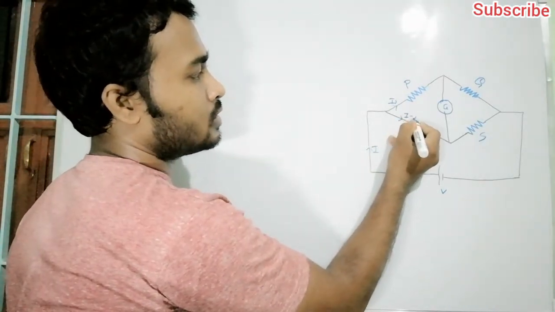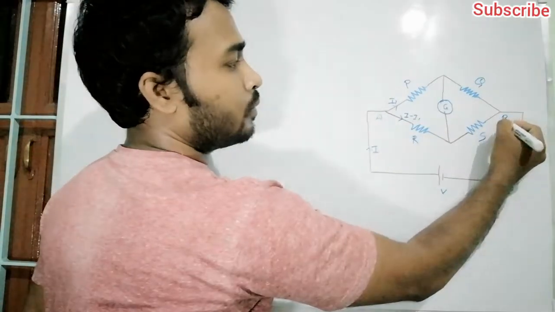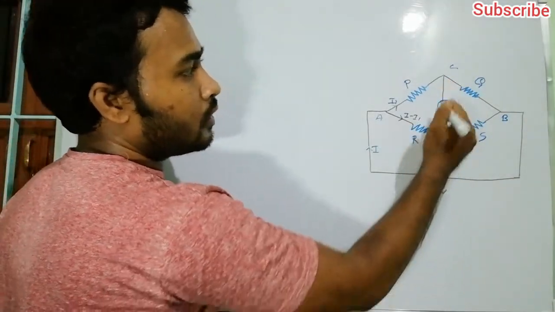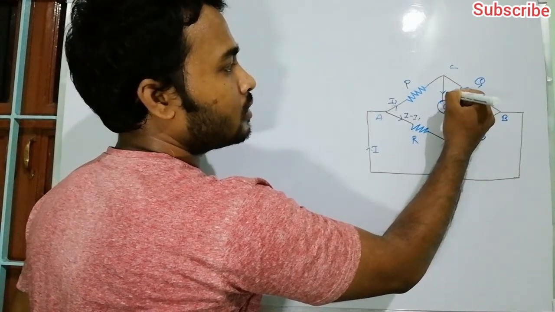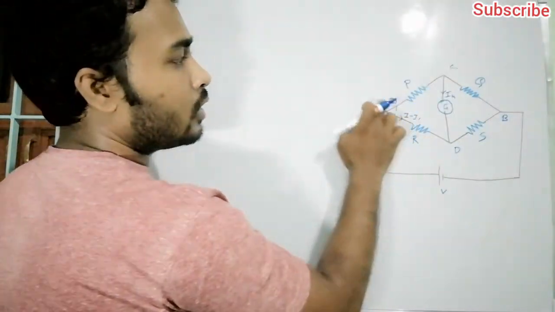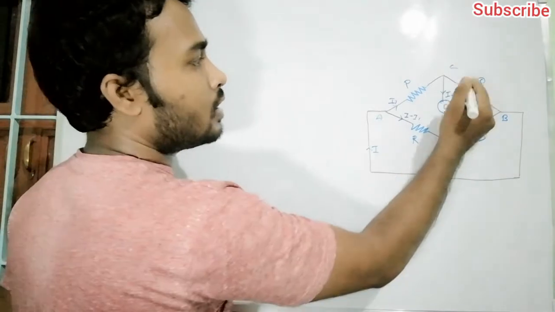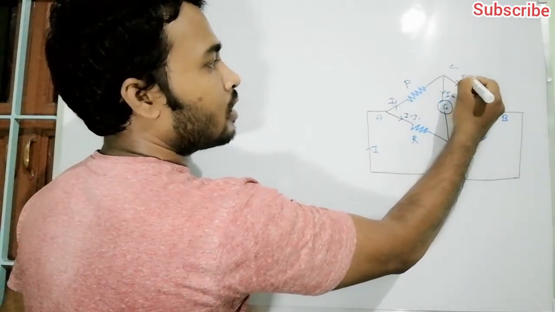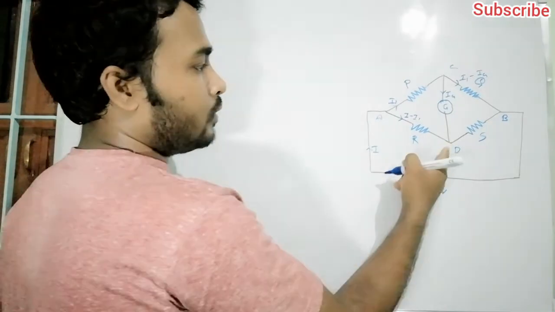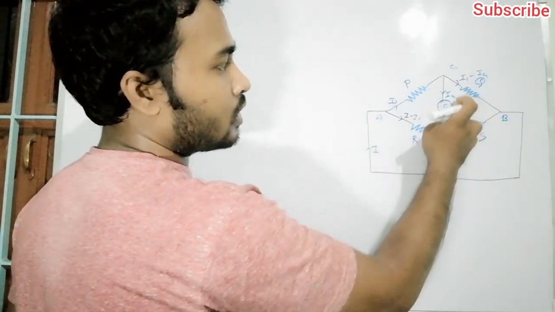So here the current is I minus I1. Let this be point A, this point B, this point C, and this point D, and let the current through the galvanometer from C to D be Ig. So along C to B, where the current was I1, Ig amount of current passes from C to D. So the current along Q is I1 minus Ig, and at point D, from A to D a current I minus I1 passes, and from this direction the current is Ig.